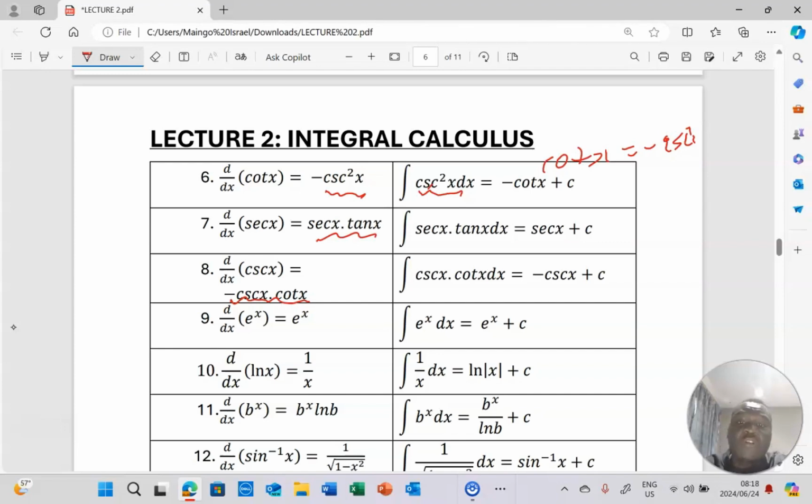But the integral of cosec x times cot x is negative cosec x plus c, because if we differentiate cosec, we get negative cosec x times cot x. So we need the negative of it.